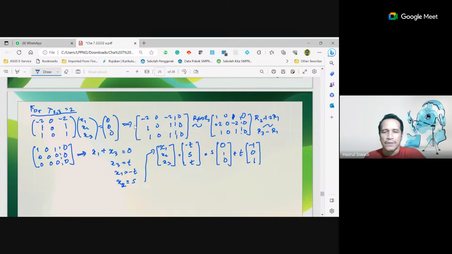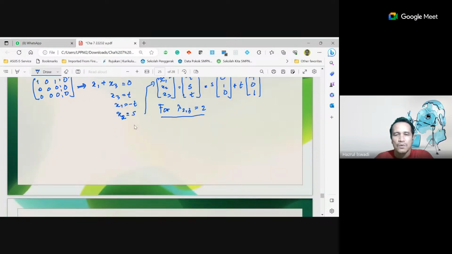Now we have a new situation where for lambda 2 and 3 repeated, equal to 2, the eigenvectors are not one but two.